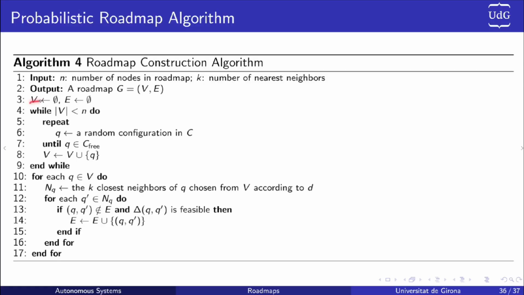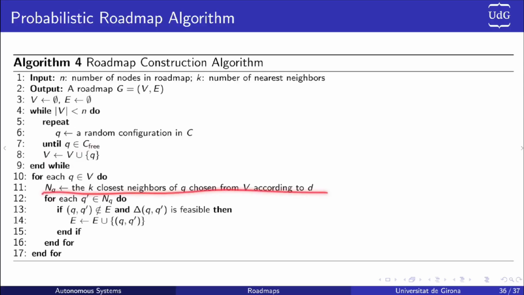We just initialize the list of vertices and the list of edges. While the number of vertices is smaller than n, we randomly select a new configuration and check if it is free. If it is free, we add it into the list of vertices. Then, when we have the list of vertices, we use the k closest neighbors.